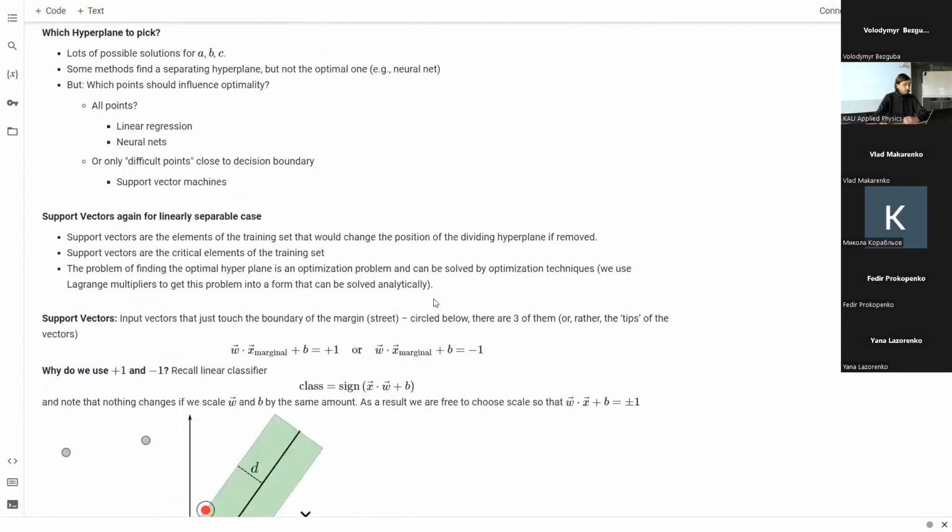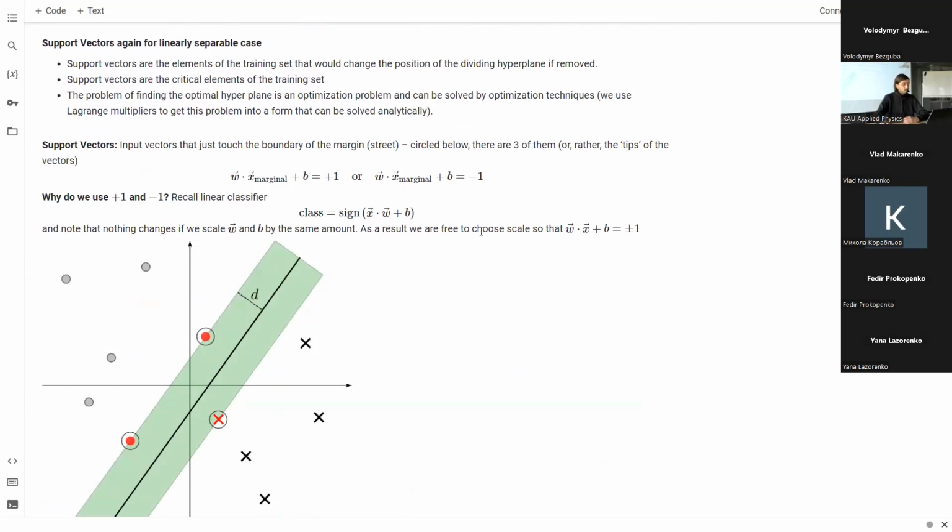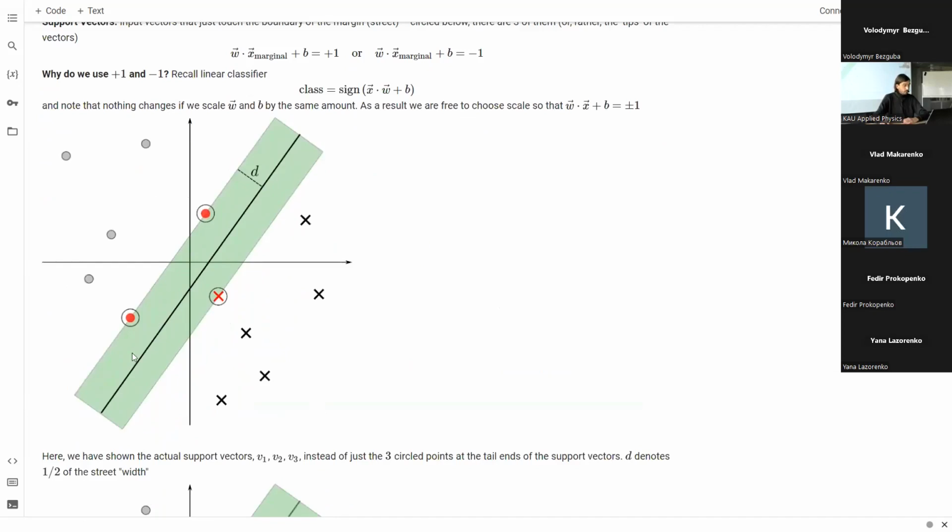Now this part basically reiterates what I have shown you. So here is the line. Here is the distance d I have to my support vectors. These encircled points are my support vectors.